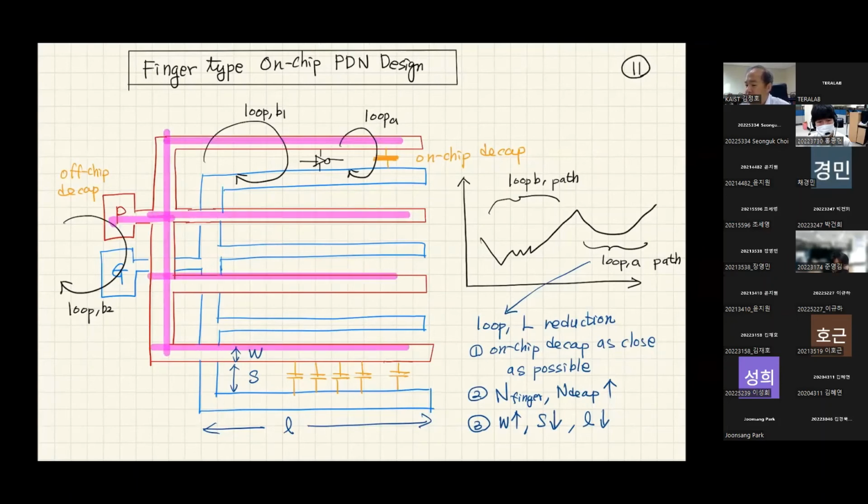They are connected to package power, and I'm assuming that we have a ground finger inside the chip, and that is connected to off-chip ground. And we are putting the on-chip decoupling capacitor, and we have switching devices. That was what I was talking about right now.